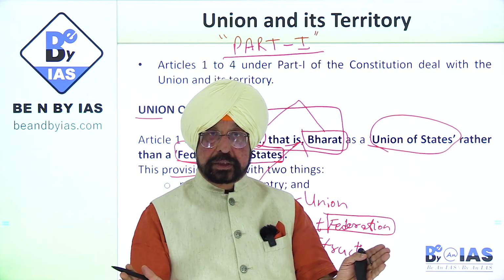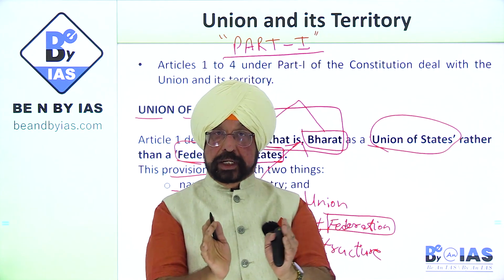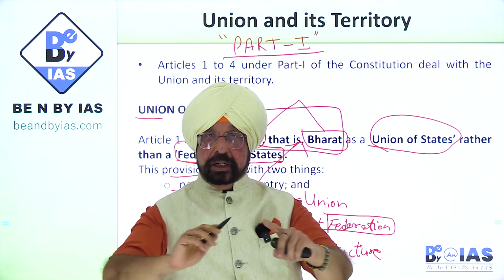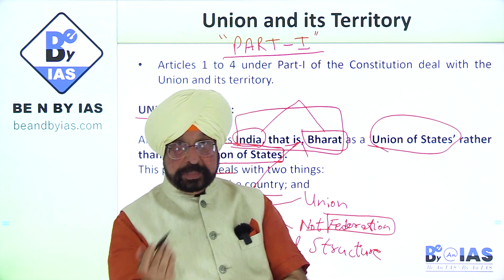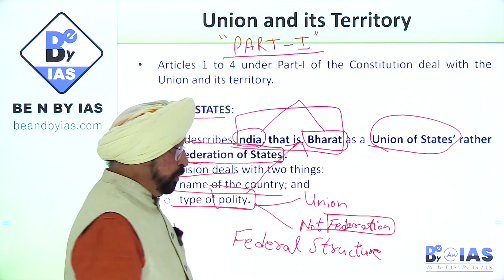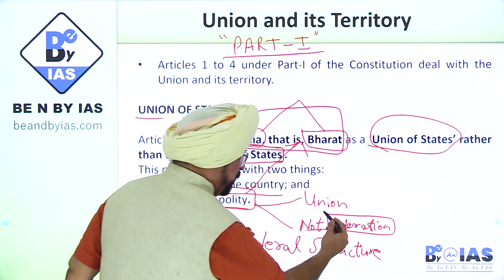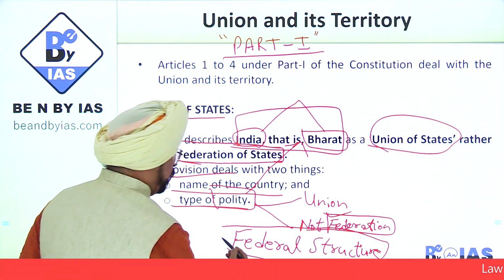These are the units which have joined together, formed a single nation that is called India, that is Bharat, and have got into what? A federation. That is why it has got a federal structure.